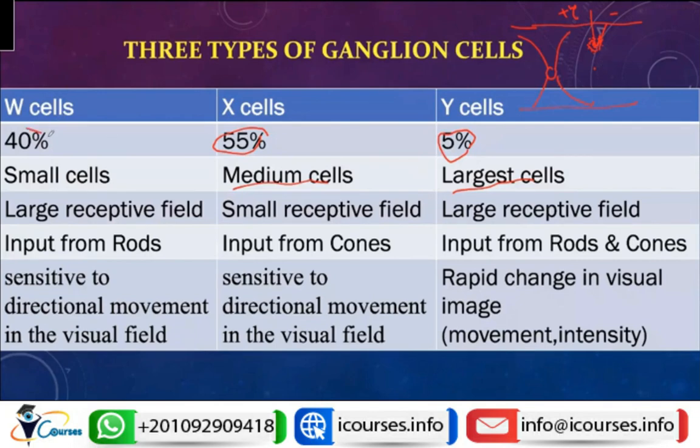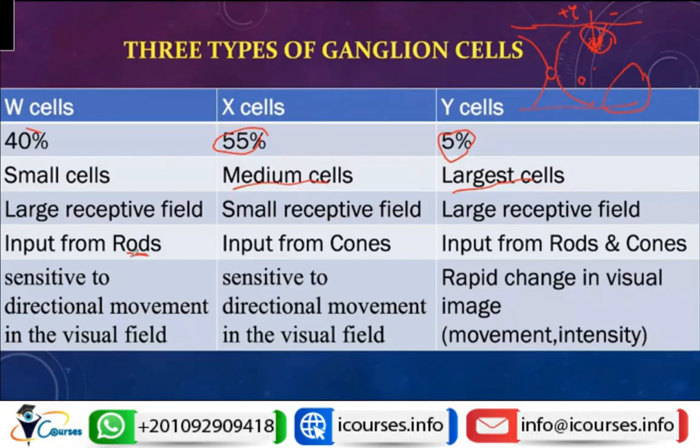In the case of W cells, they have a larger receptive field, while the X cells have a smaller receptive field, and the Y cells again have a larger receptive field. The W cells receive their input from rods.